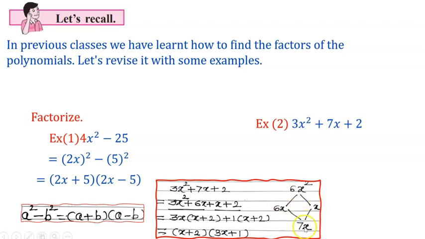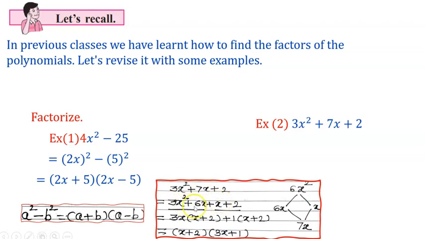If you add them, you will get 7x, which is the middle term, and if we take the product of these two numbers, 6x into x, you will get 6x square. Hence we will write 3x square plus 7x plus 2, with this 7x written as 6x plus x, and the other terms as they are.